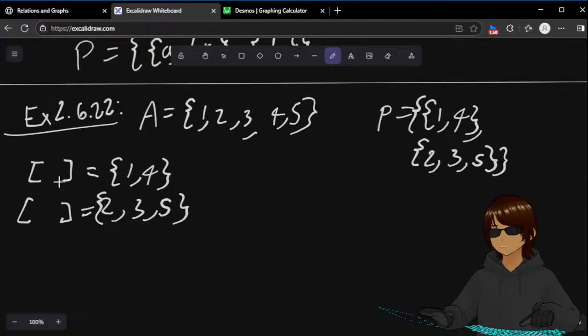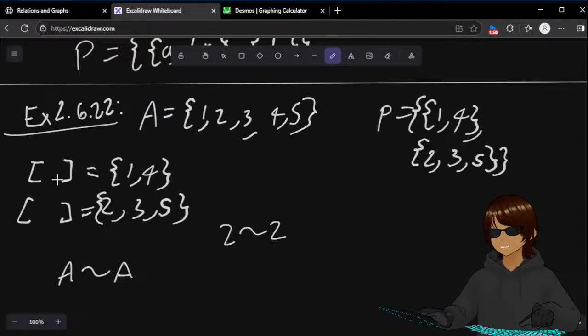So this cannot be 2, 3, or 5 because in an equivalence relation we need, what do you call it, reflexive, yeah. If it's reflexive, then it has to be a reflexive relation, right? So 2 cannot be here. 3 or 5, the 2, 3 or 5 has to be here, 1, 4 has to be here.